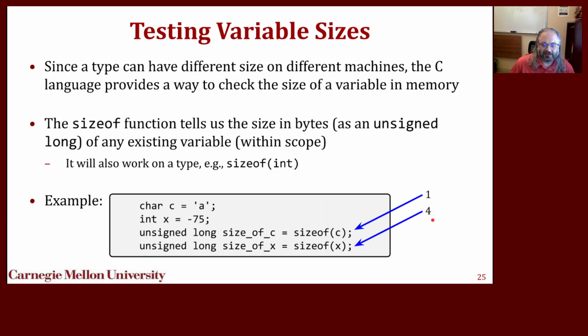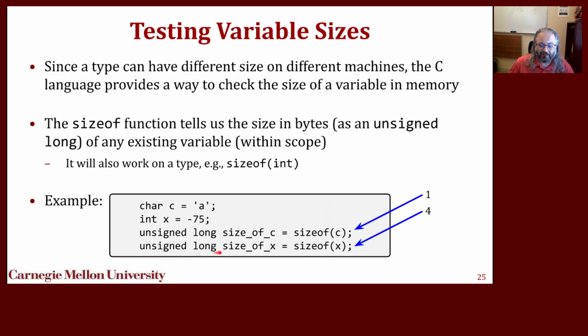So the way that this works is I can give it any variable, and it will return to me the number of bytes as an unsigned long integer, the number of bytes that this variable is using in memory on this system. So simple example here, if I define a character, give it a value of a, define an integer, give it a value of -75, I can then go in and say, I'm going to define another variable called sizeof_c, and I'm going to set that equal to the size of the variable c. In all systems, the size of a character is 1 byte, so this is going to have a value of 1.